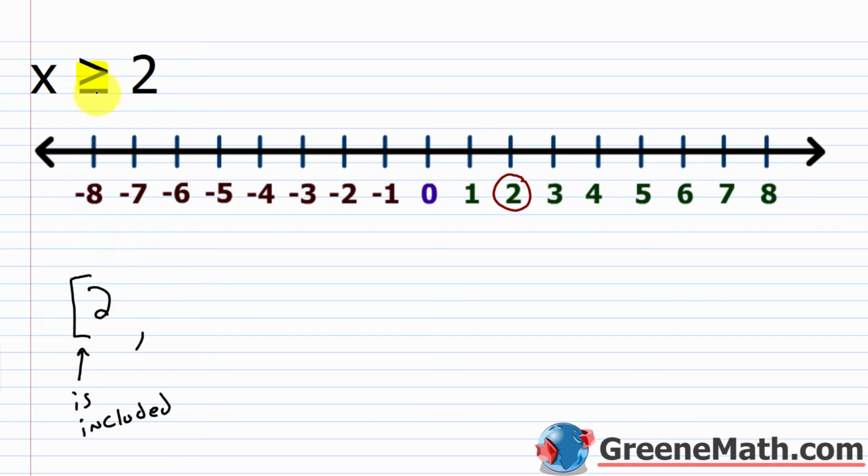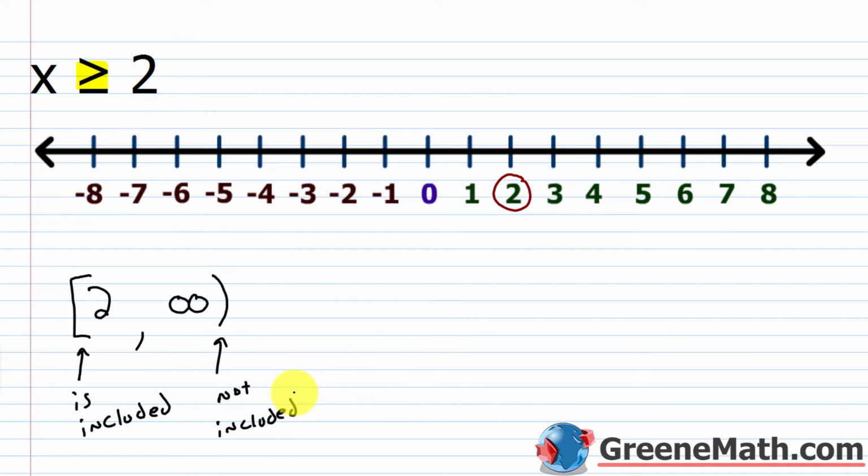Just because I have a non-strict inequality doesn't mean that both of them are going to have a bracket. X is anything that is greater than or equal to 2. So x still goes out forever and ever and ever in the right direction. So we're going to use infinity here to notate that, and then you always put a parenthesis there. And again, this is not included.